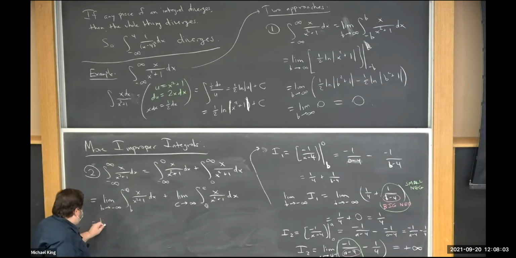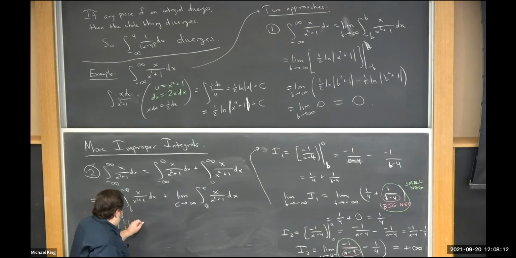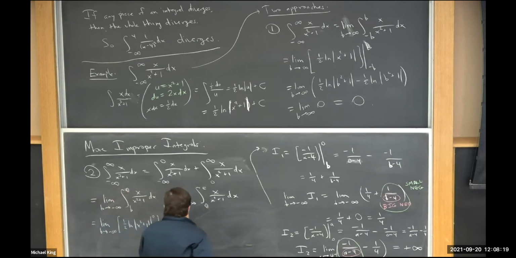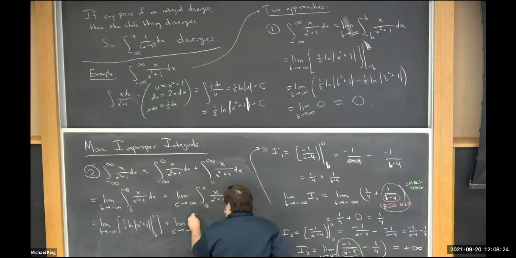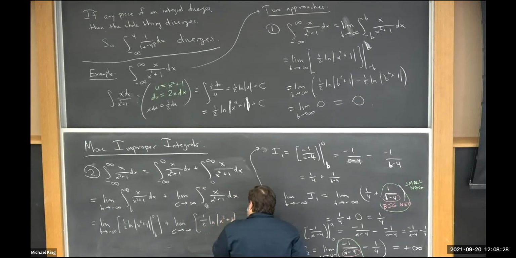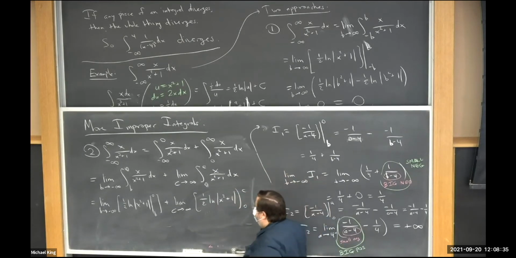So this is the limit as b goes to negative infinity of 1/2 ln(x squared plus 1) from b to 0, plus the limit of the integral from 0 to c.